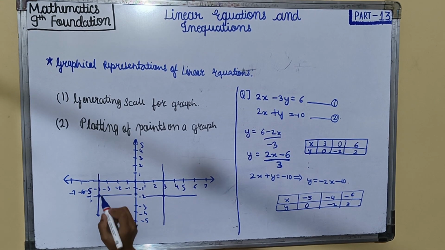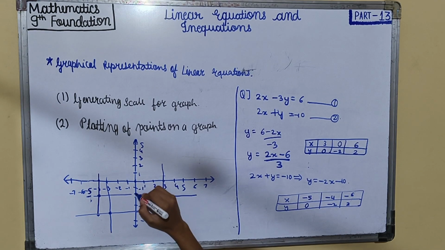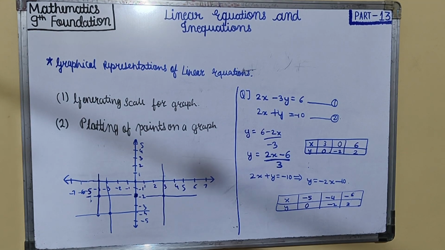This is the intersecting point. Then the next point is minus 3 and minus 4, over here. Then the next point is 0, comma minus 2. 0, comma minus 2 means at this point it will come, only this point because of the rule.